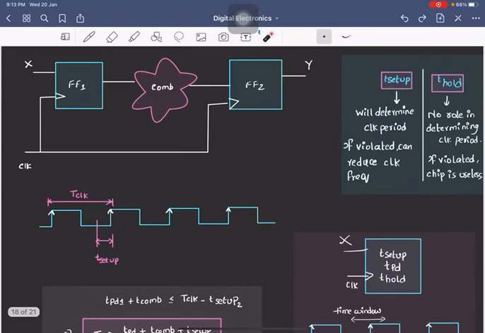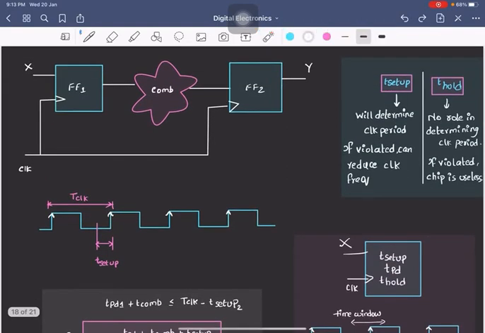Let me write here: the propagation delay of flip-flop 1 is TPD1, the propagation delay of the combinational circuit is TComb, and this may be TPD2, the propagation delay. Setup time is T setup 2 and this setup time is T setup 1.